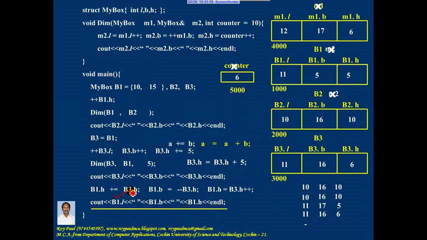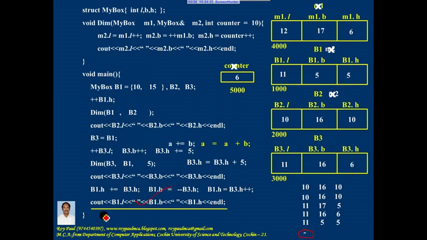Here you get the last line of answer, b1.l space b1.b space b1.h and endl. So b1.l, 11, 15, 5. So here you get the last line of answer, 11, 15, 5. And because of endl, the cursor goes to the next line.